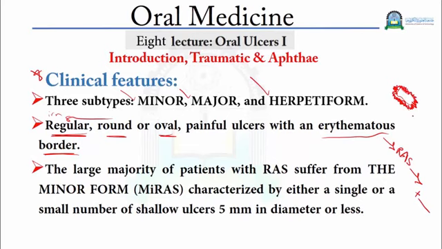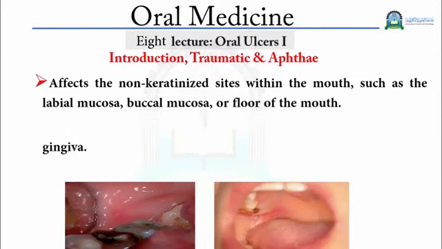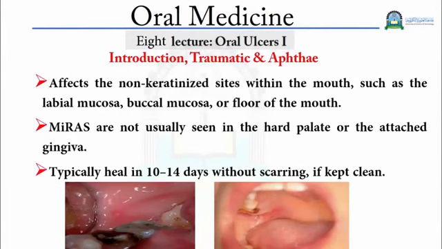The large majority of patients with recurrent aphthous ulcers suffer from the minor form, which is the most common type of recurrent aphthous stomatitis, characterized by either single or multiple shallow ulcers 5 mm in diameter or less, affecting the non-keratinized sites within the mouth, such as the labial mucosa, buccal mucosa, as well as the floor of the mouth.